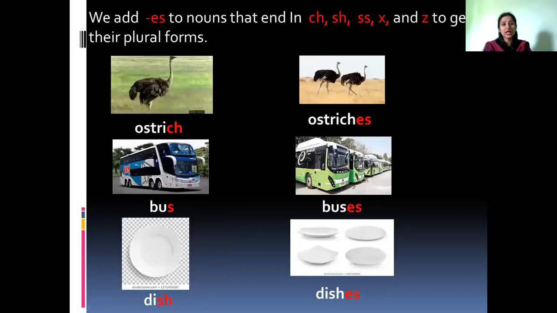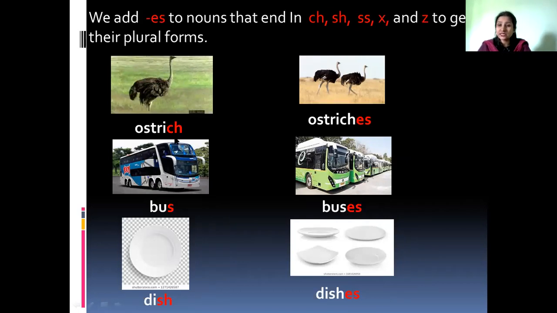What are these? The first rule: if the noun ends with CH, SH, SS, X, and Z, that time we have to join ES and make the plural form.